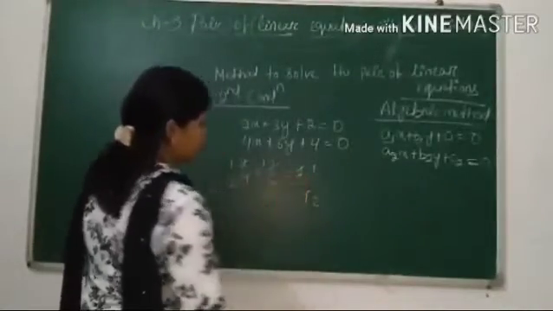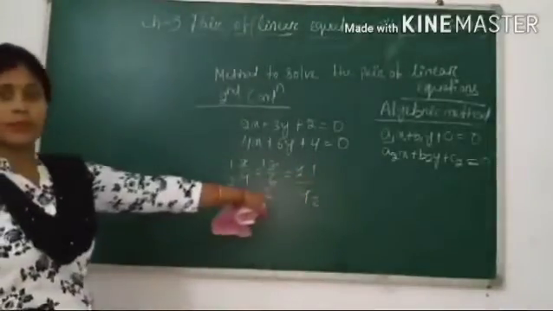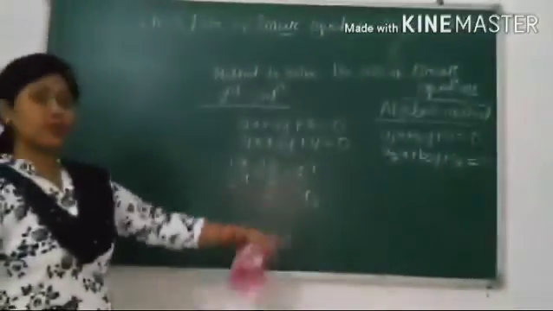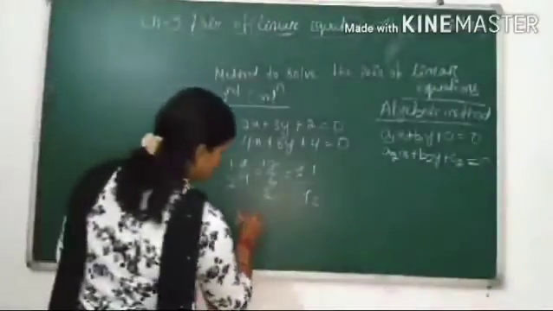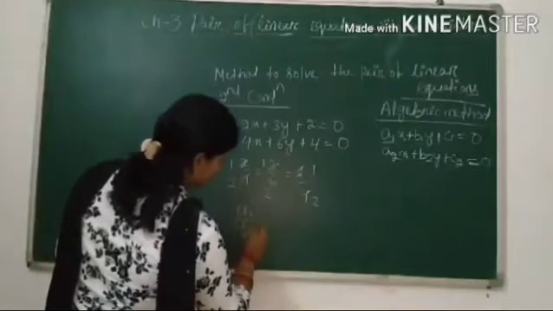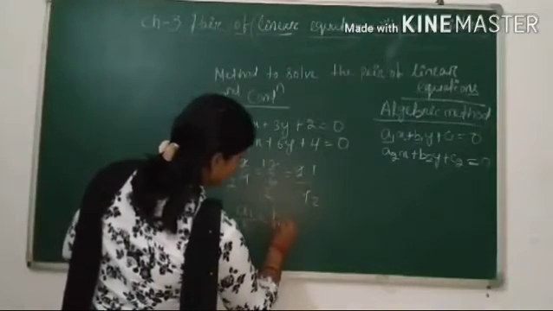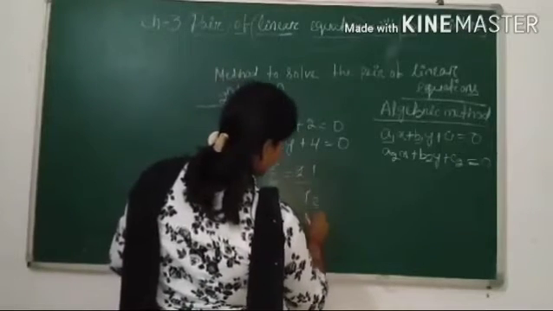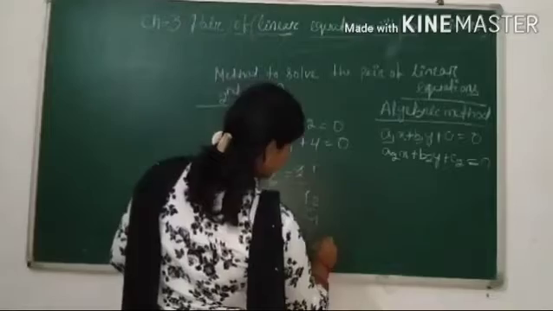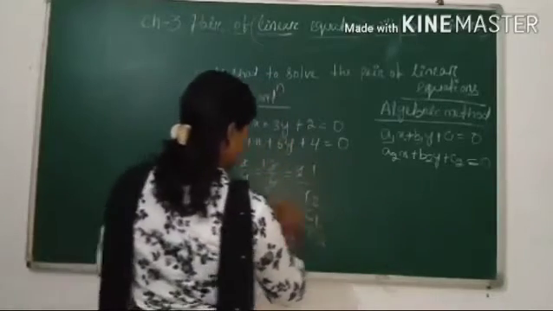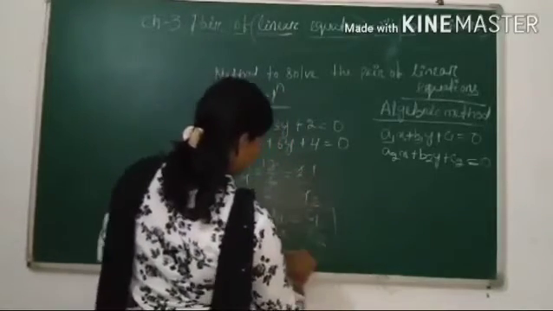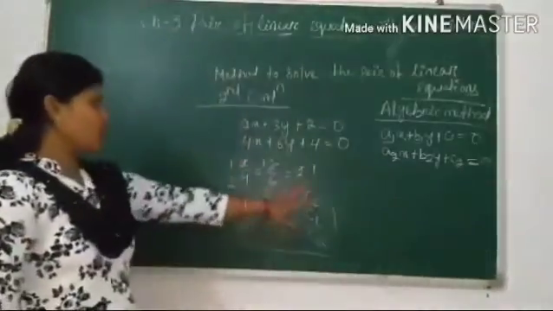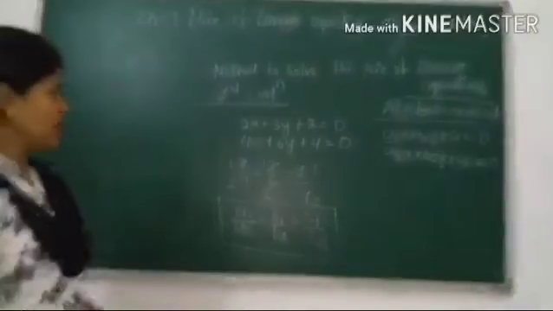See here I am getting 1 by 2, here also 1 by 2, here also 1 by 2. So your condition is A1 by A2 should be equal to B1 by B2 should be equal to C1 by C2. All values should be equal.